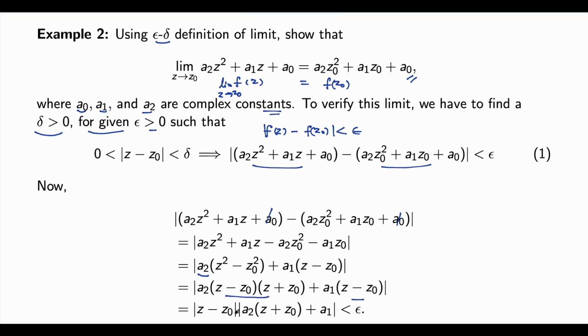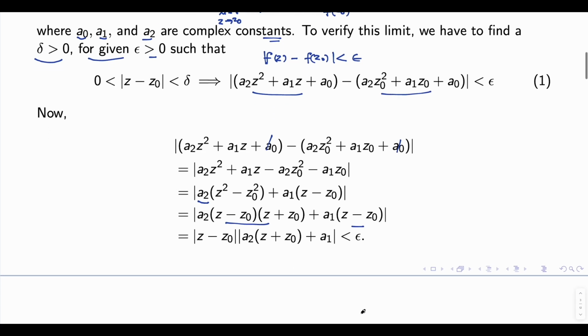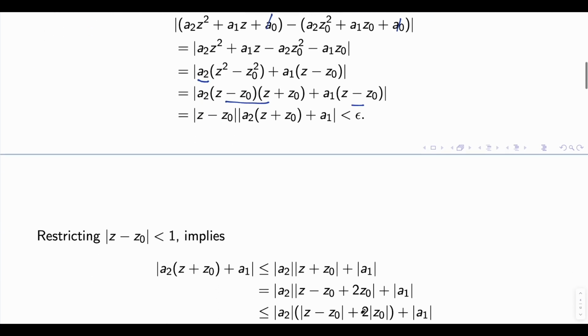Finally we take it as mod of z minus z naught times the modulus of a2 (z plus z naught) plus a1, which is less than epsilon, because we know mod of ax is equal to mod of a times mod of x. So that property we have used here.